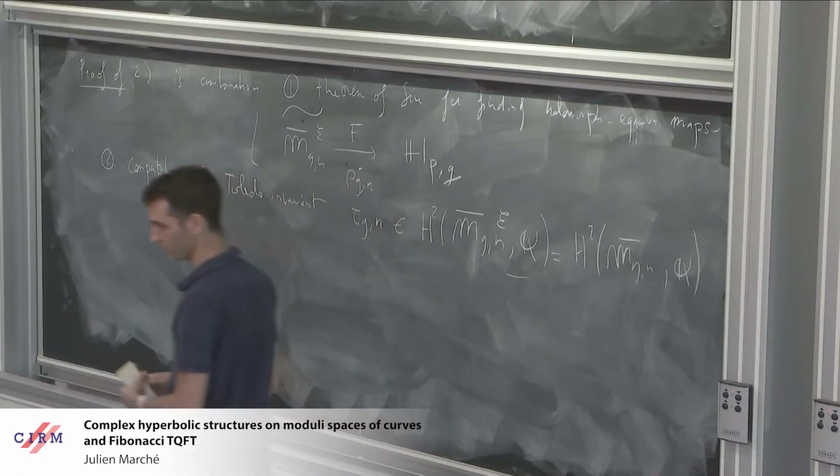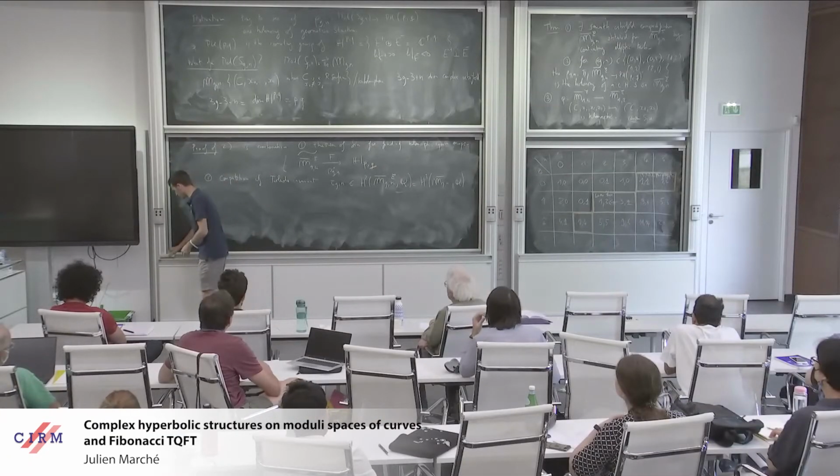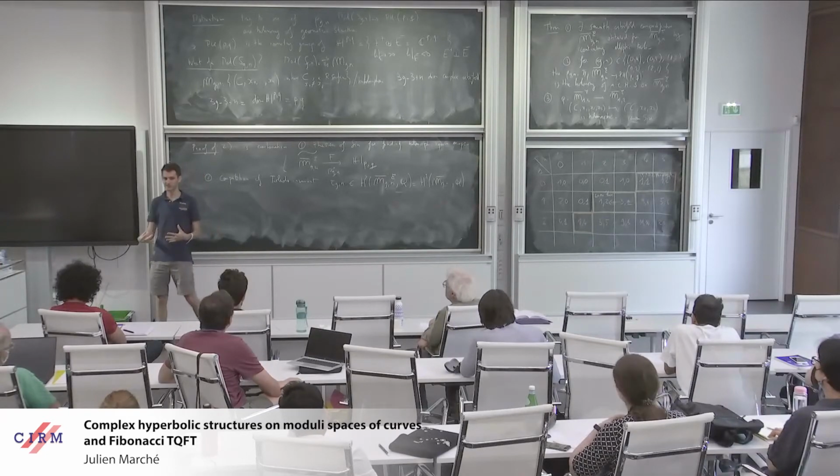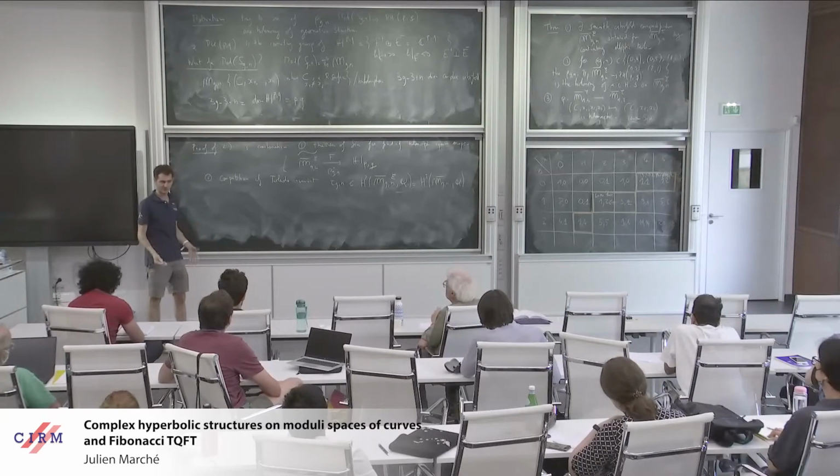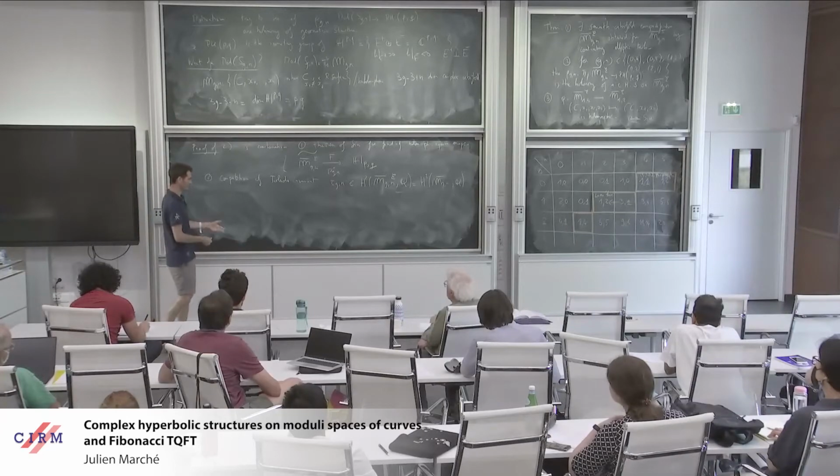What is very nice is that this Toledo invariant has a lot of interesting properties which allow us to compute it, but I find it interesting by itself to think about this.